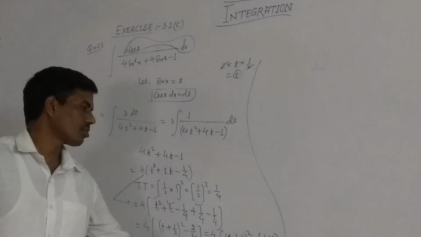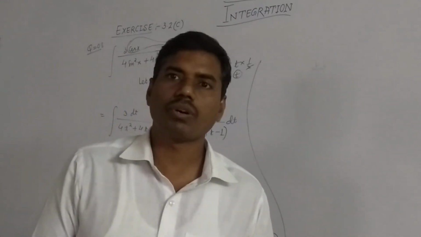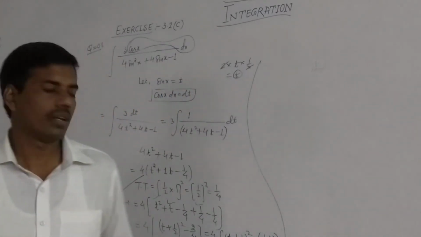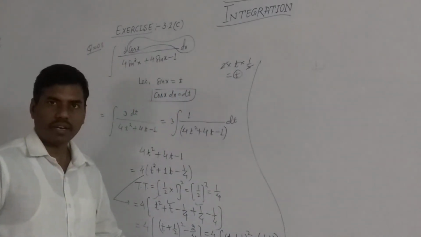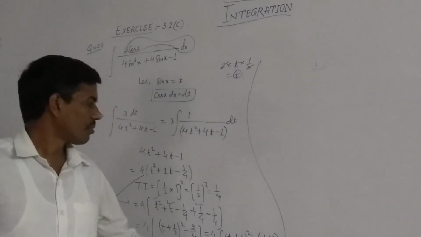So we have x square minus a square. This is our perfect square of two terms: t is the algebraic term, that is the variable term, and this is the constant term.